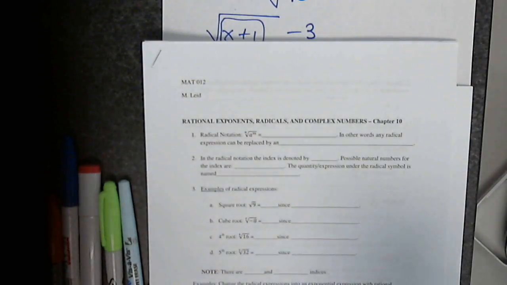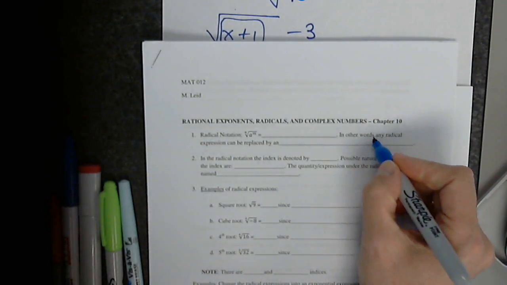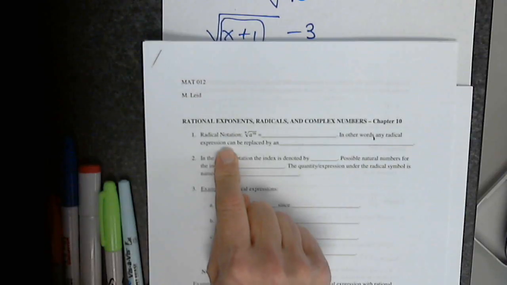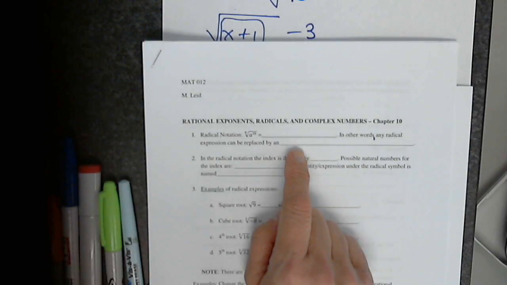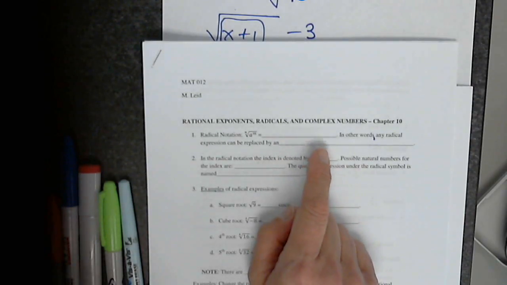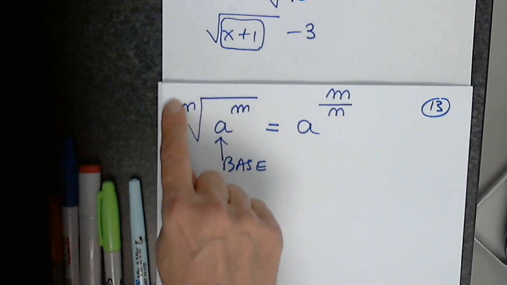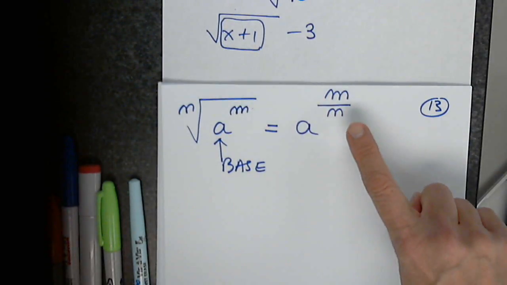So now let's read this. In other words, maybe I should have put a comma in there. In other words, any radical expression can be replaced by an exponential expression with what? So let's look here. Any radical expression can be replaced by an exponential expression with what?